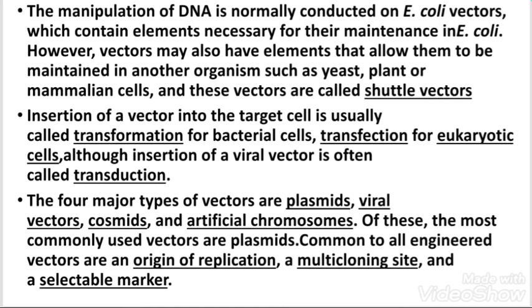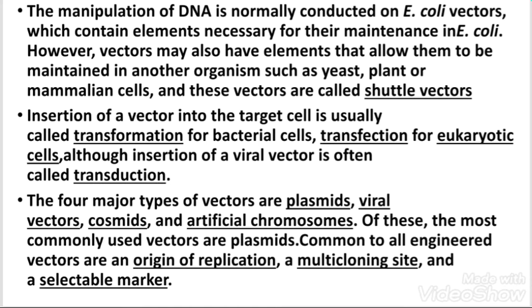The manipulation of DNA is normally conducted on E. coli vectors, which contain elements necessary for maintenance in E. coli. However, vectors may also have elements that allow them to be maintained in another organism such as yeast, plant or mammalian cells, and these vectors are called shuttle vectors.